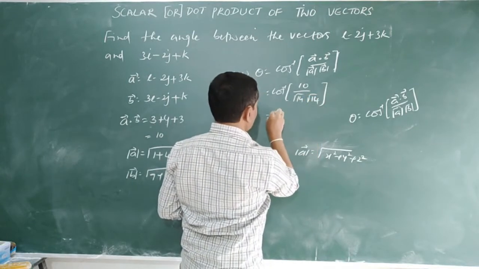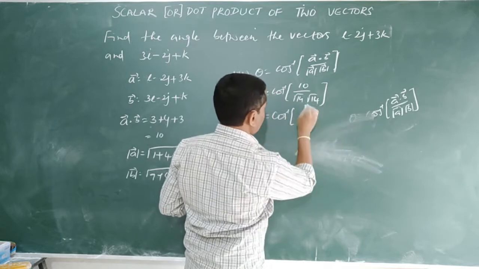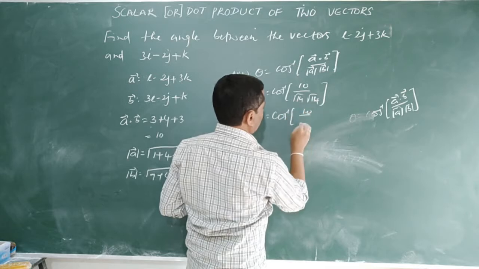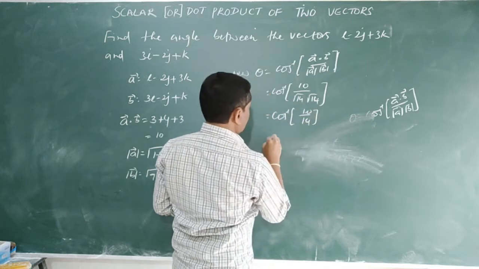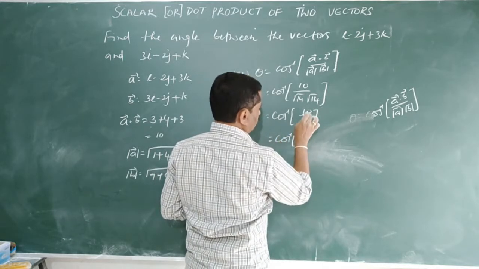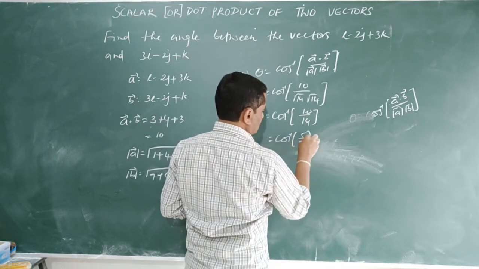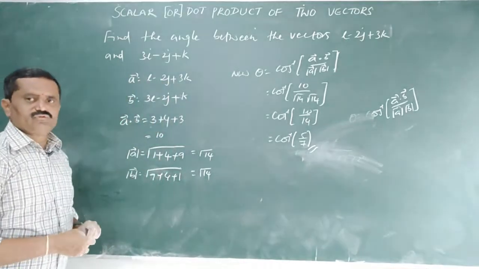That is equal to cos inverse of 10 divided by 14, which is cos inverse of 5 by 7. So this is the angle between the given two vectors.